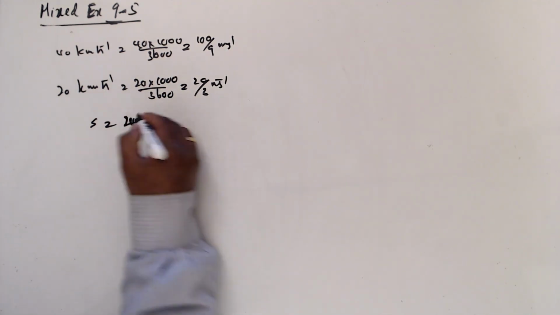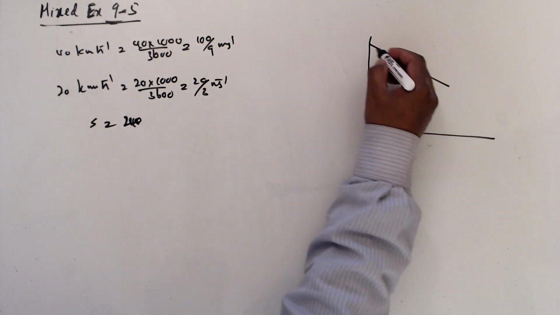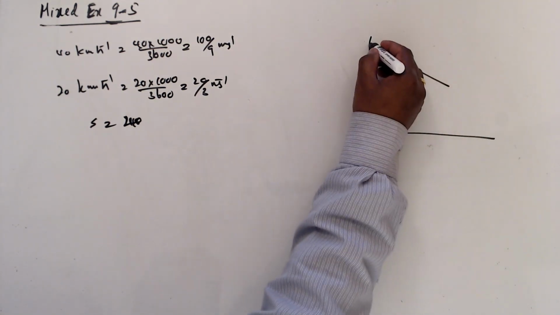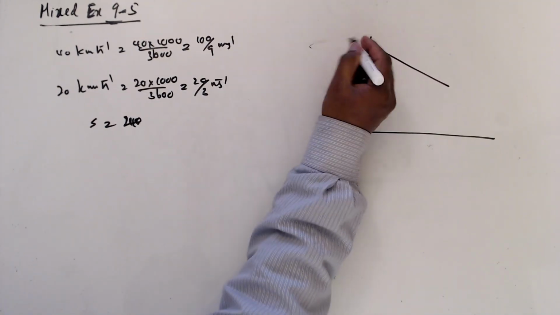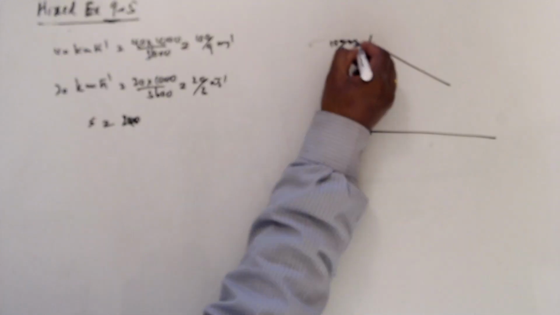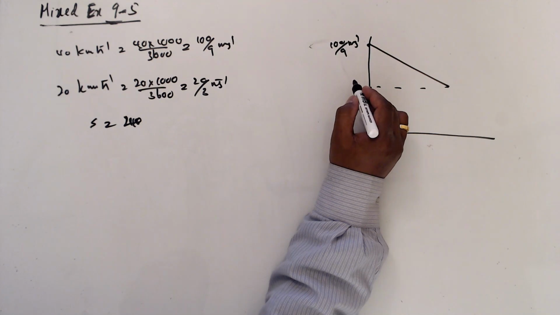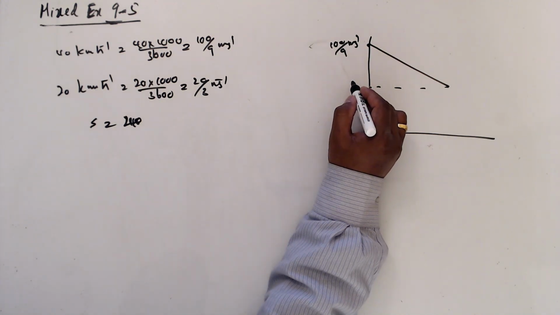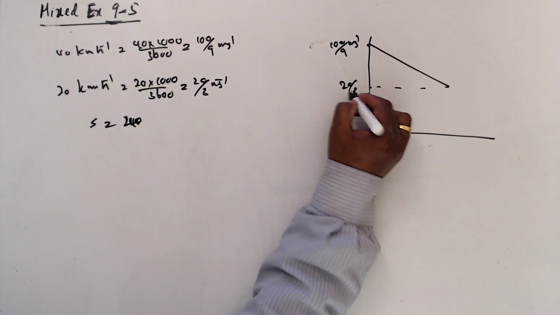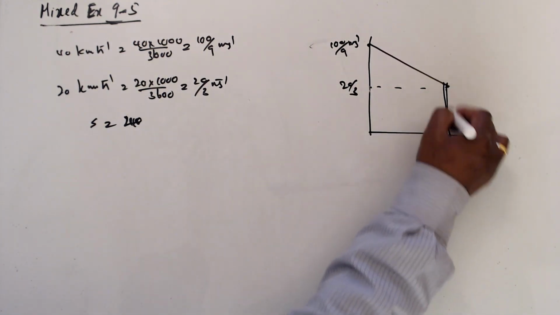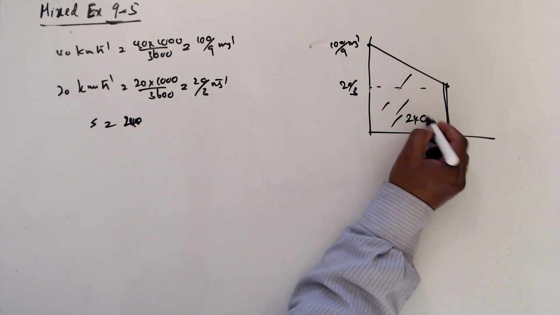240. If you draw a graph, it's something like this. Let's say the sign is here. It is going to be 40, that is 100 over 9 m/s, and up to here this is going to be 20, which is 20 over 3, and this distance is given as 240.